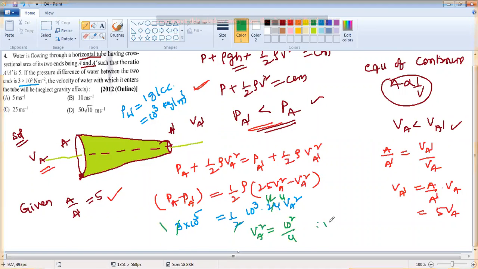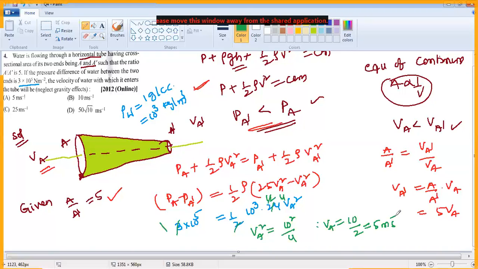Therefore VA equals the square root on both sides, 10 by root 2... so 10 by 2, which is 5 meters per second. That is your answer. So what is the correct answer? Option A is the right answer.